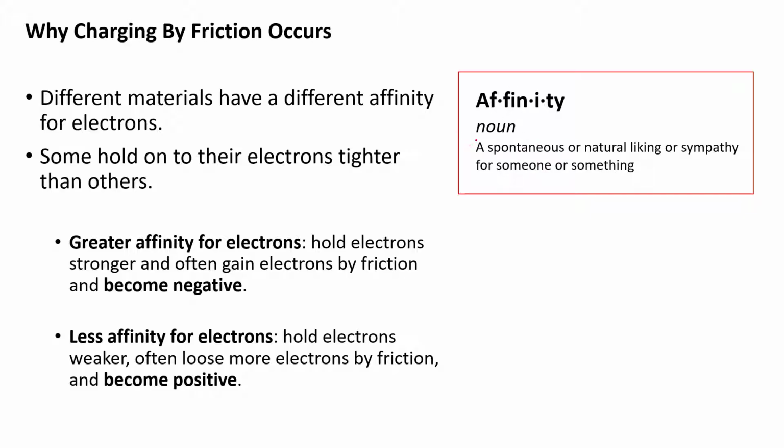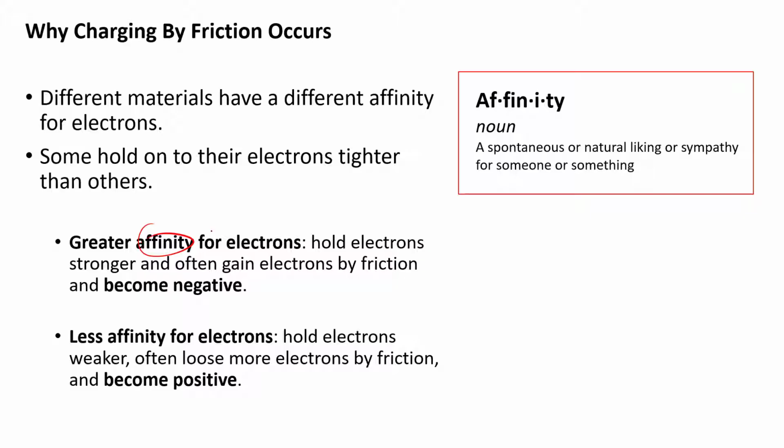And that's when we think about electrons, and you think of positive and negative charges, how there's attractions and repulsions, negatives and negatives, positives and negatives. Don't get too into this, but the main thing I need you to think about is that there are some objects that want to hold on to the electrons more. We call that an affinity.